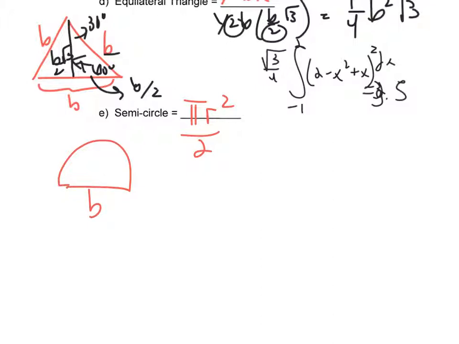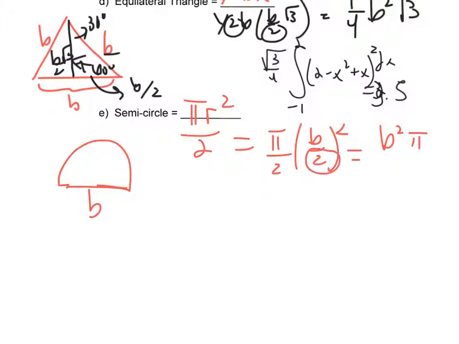So that's your function. So if you solve this out, your radius is actually going to be half of that. So your formula is pi times base over 2 squared divided by 2. So you can just do pi over 2 here. So that really comes out to b squared times pi.